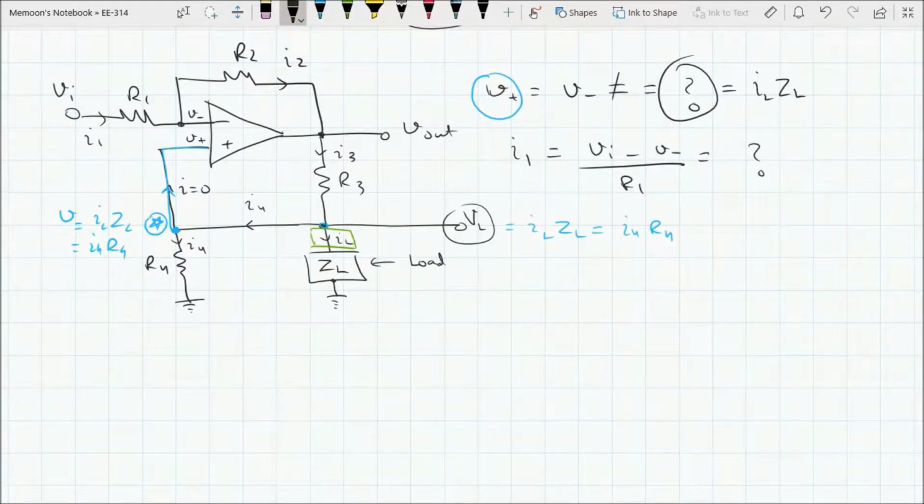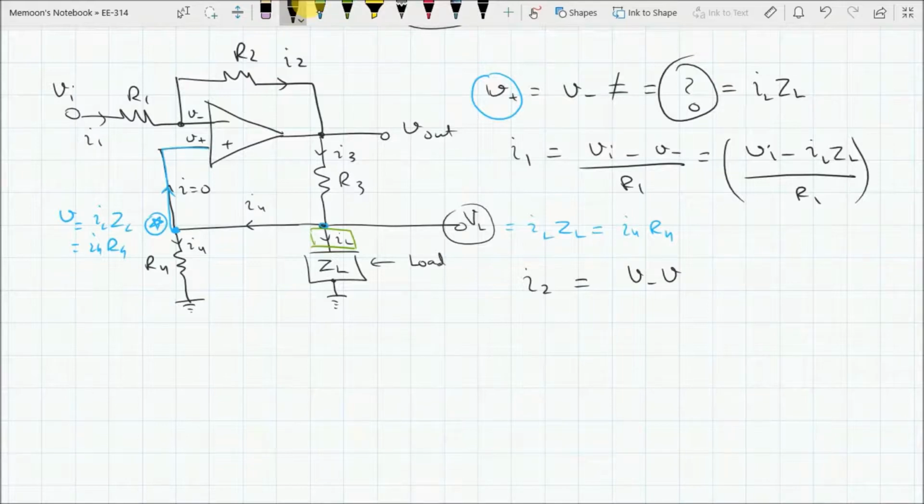So now I can replace this V neg with Vi minus ILZL over R1. Now coming to the second current, the current through resistor R2, that is I2, is equal to V neg minus V out over R2, and that is equal to ILZL minus V out over R2.